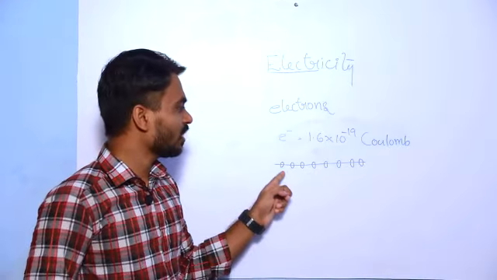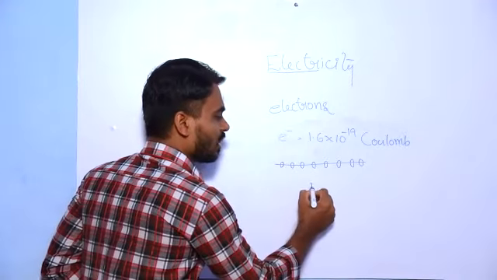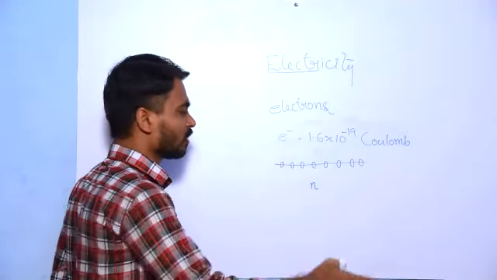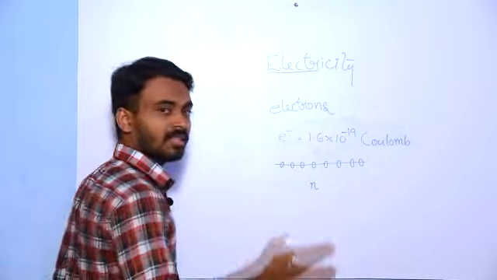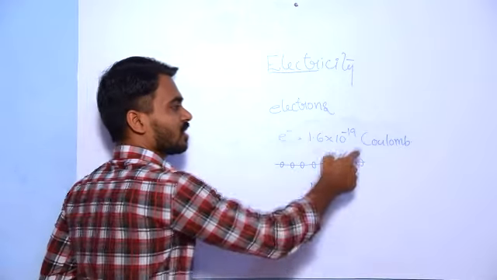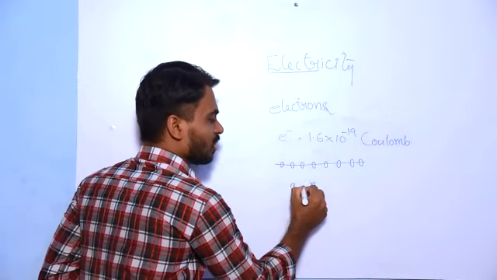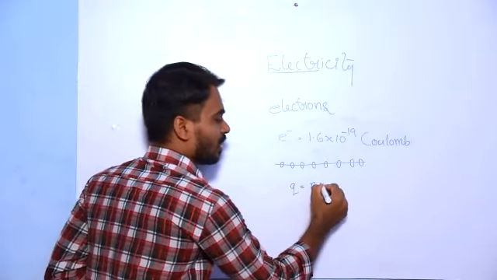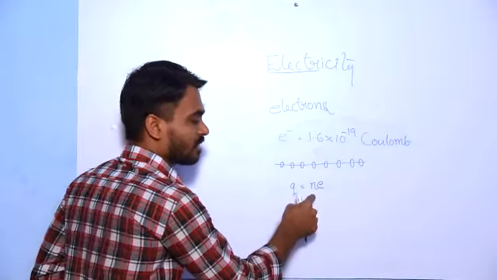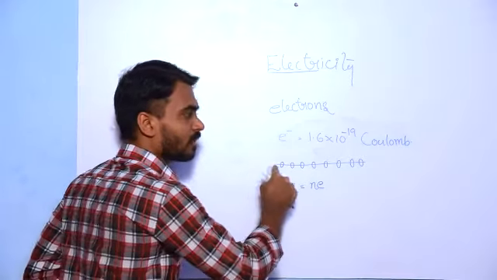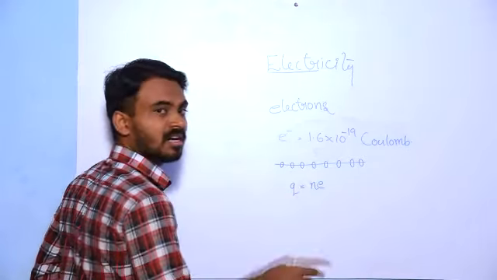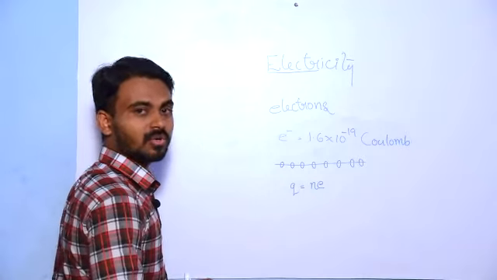Similarly, if we consider n number of electrons are flowing through this conductor, then the total charge is represented by the letter Q. Q is equal to Ne, where N is the number of electrons flowing through this conductor and e is the charge on one electron.